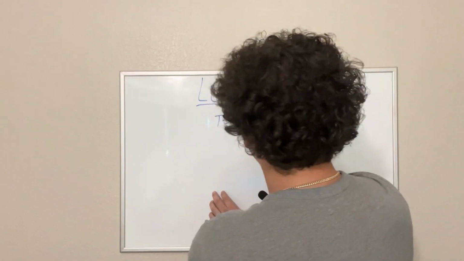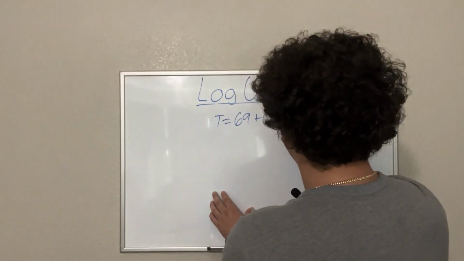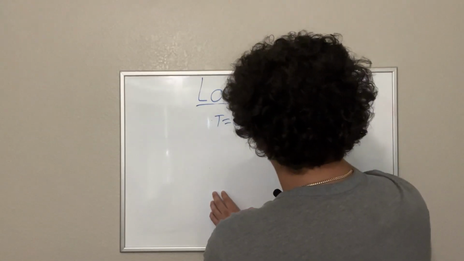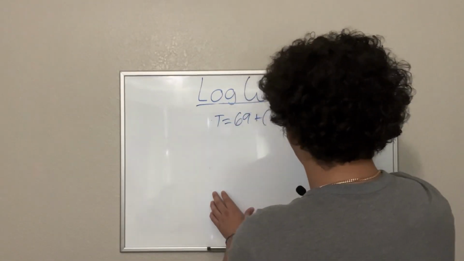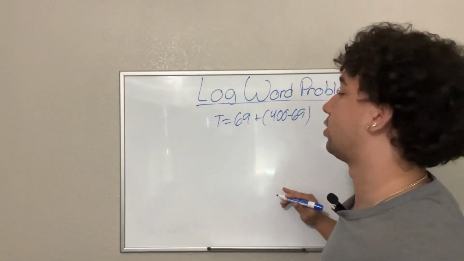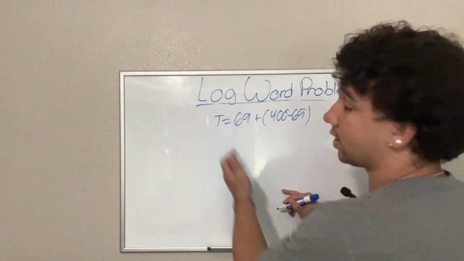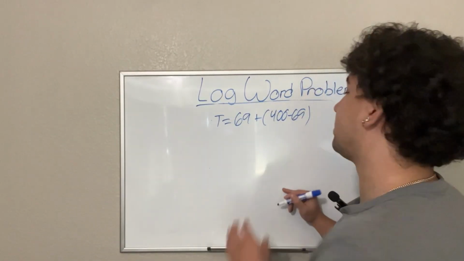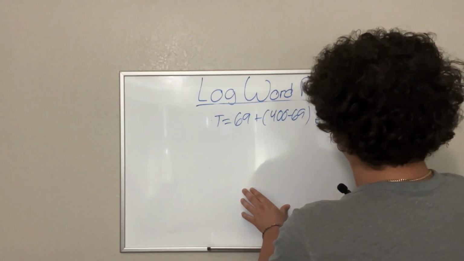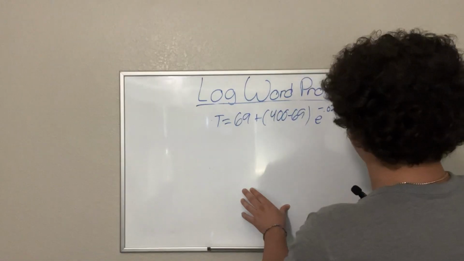T is equal to 69 plus 400 minus 69. I'm not plugging in my T value, which was actually 356.8. I'm tripping. It's not 400 because 400 is our initial value. It's that 356.8 at 5 minutes value that I'm not plugging in. So e to the negative 0.027 times 15 in this case.